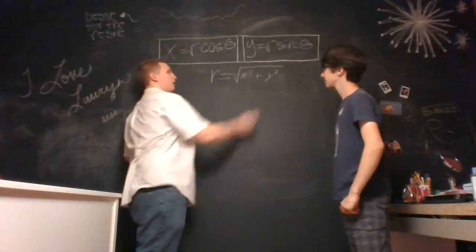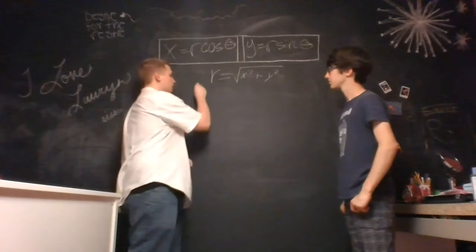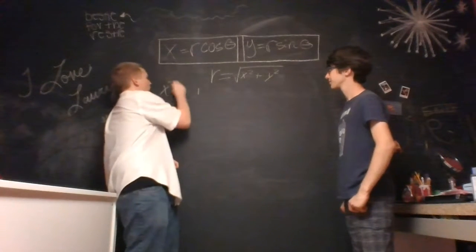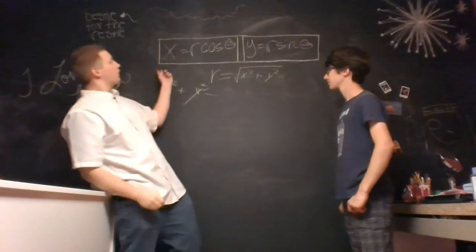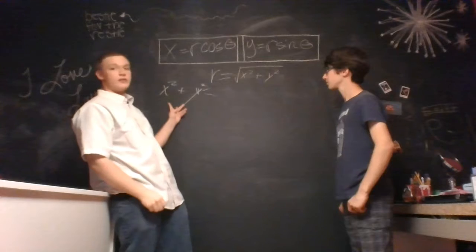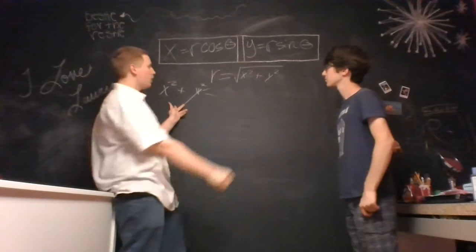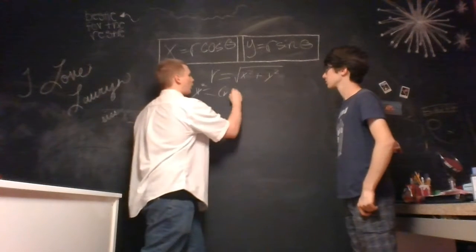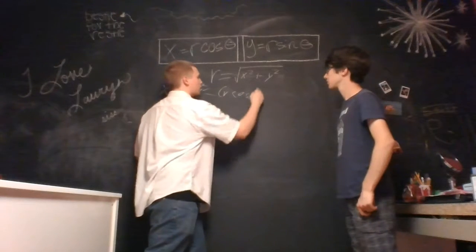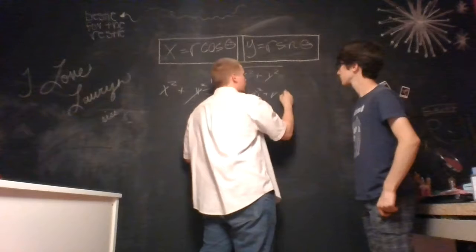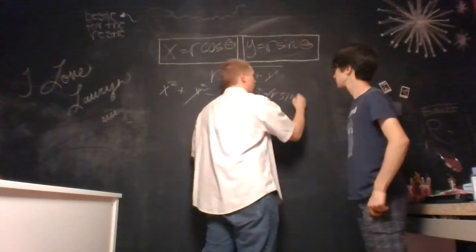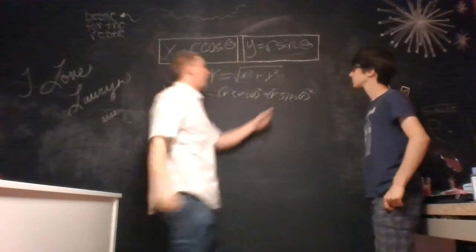And so if we take this function right here and start it over here, x squared plus y squared, and if we input these two equations into these two x's and y's, then we will get the equation r cosine theta squared, which is x, plus r sine theta squared, which is y.